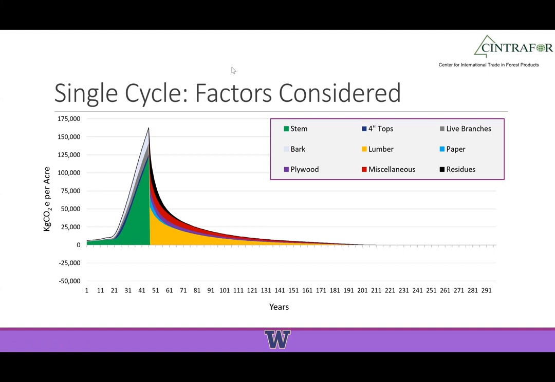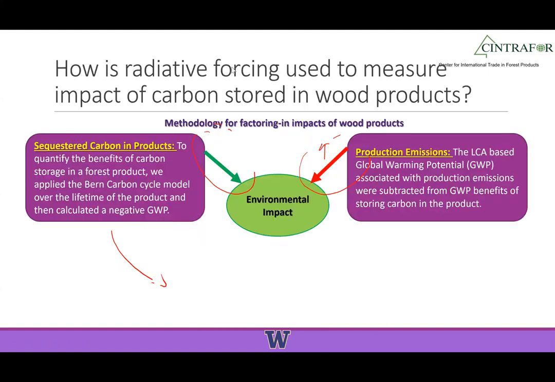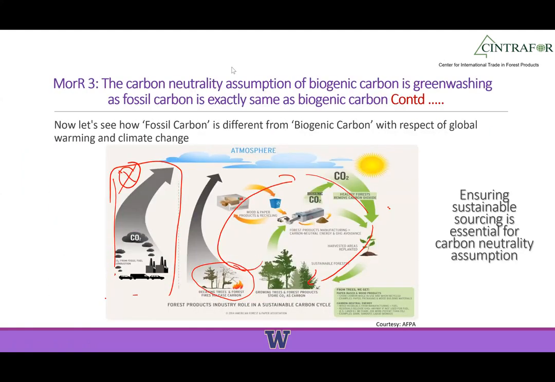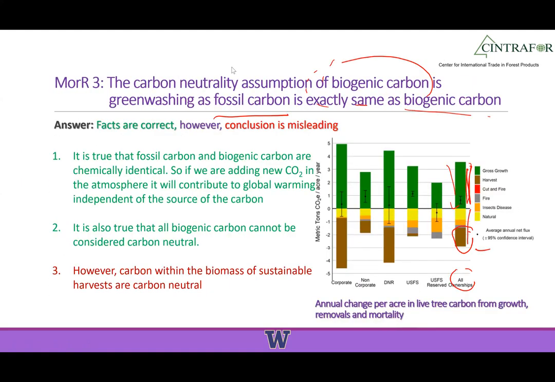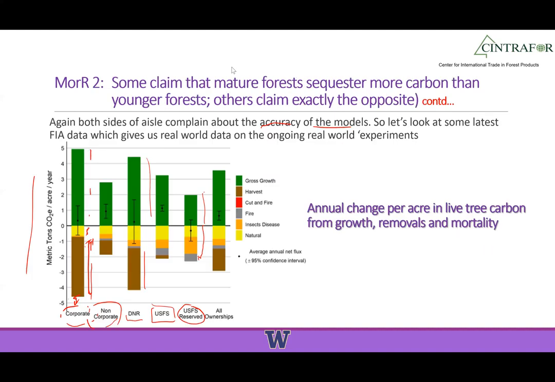That's a very good question. Let me address that by going back to that particular slide. So here, this is annual sequestration. Sequestration is the act of the woody biomass or the forest sequestering carbon from the atmosphere, and storage is what stays in the forest.